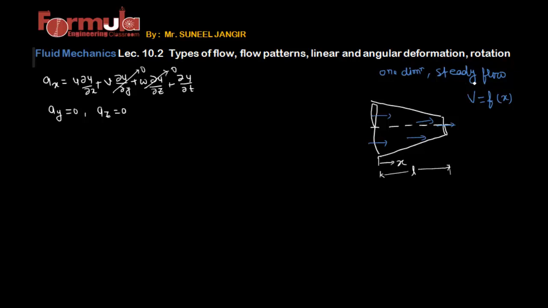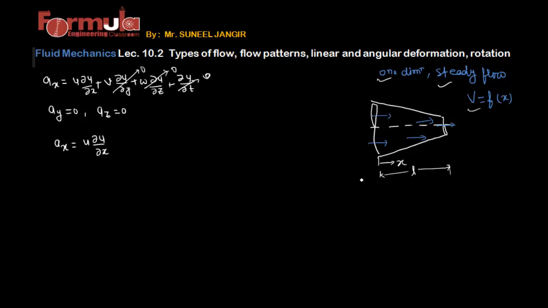So obviously the term del u by del t is also going to be 0 here, because the flow is steady. So our final expression becomes ax is equal to u del u by del x. This is our acceleration under these stated conditions.